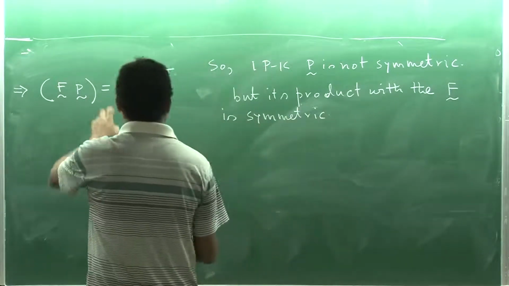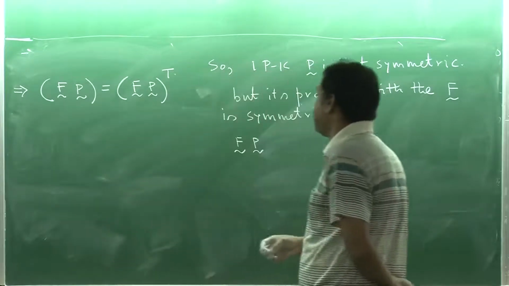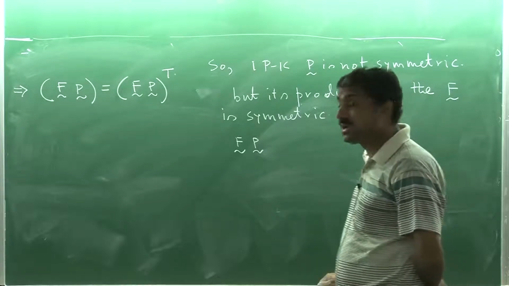You see that F P, this is the product, and the product is a second order tensor.